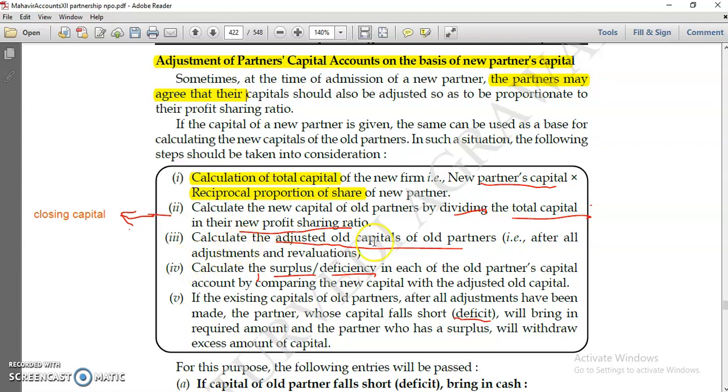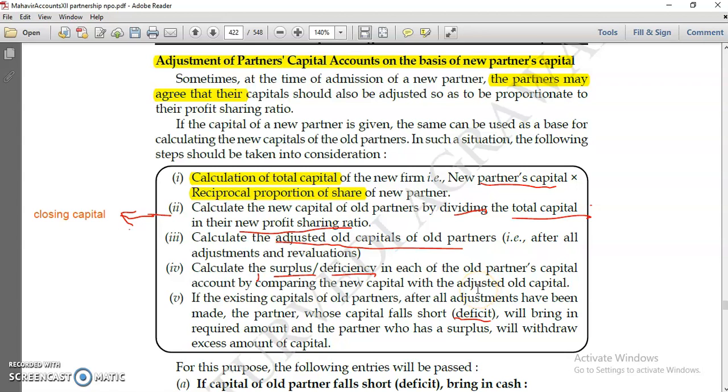Then calculate the adjusted capital of the old partners, that is, the capital after all the adjustments. Now compare the adjusted capital with the closing capital: closing capital minus adjusted capital gives your deficiency or surplus. Calculate the surplus or deficiency in each of the old partners' capital accounts by comparing the new capital with the adjusted capital.